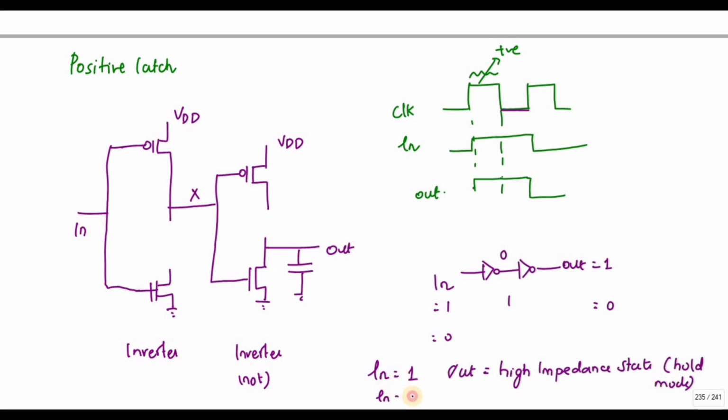If the input value is 0, the PMOS will conduct, so X becomes 1.